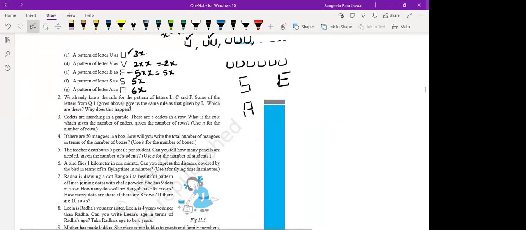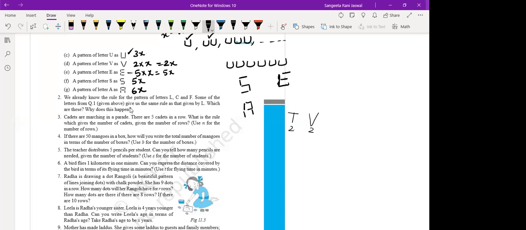We already know the rule for the pattern of letters L, C, and F. Some of the letters from question 1 give us the same rule as that given by L. Which are these? Why does this happen? Very simple rule. To make T, we need two matchsticks. To make V, we need two matchsticks. And which other combination is there where we need two matchsticks? So that's TV.